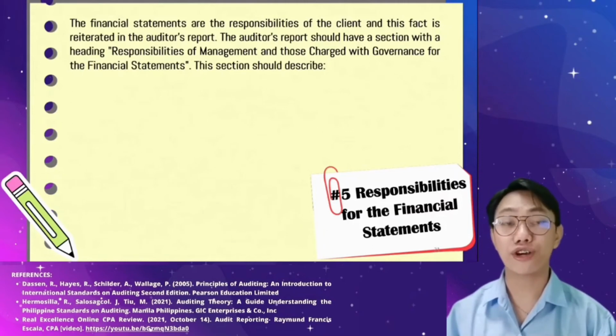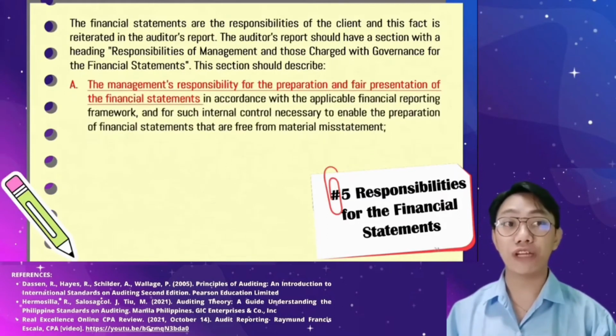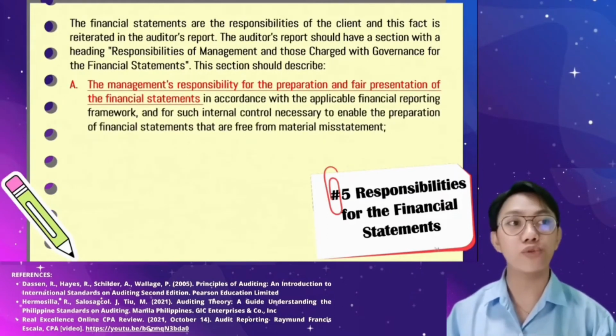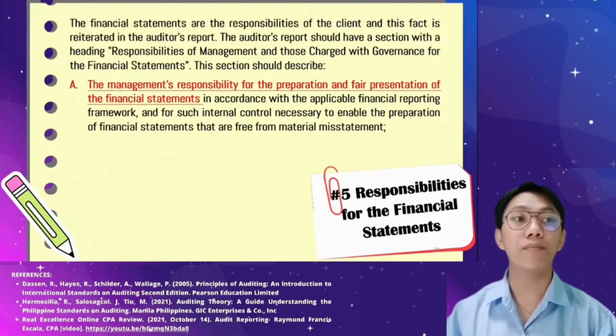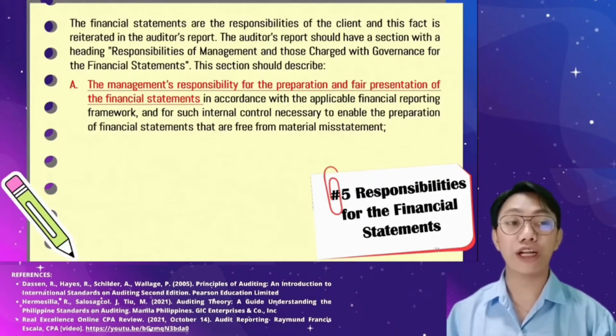This section should describe, first, the management responsibility for the preparation and fair presentation of the financial statements in accordance with the applicable financial reporting framework and for such internal control necessary to enable the preparation of financial statements that are free from material misstatement.